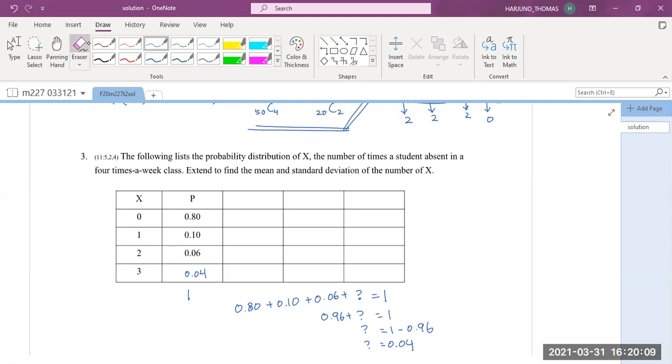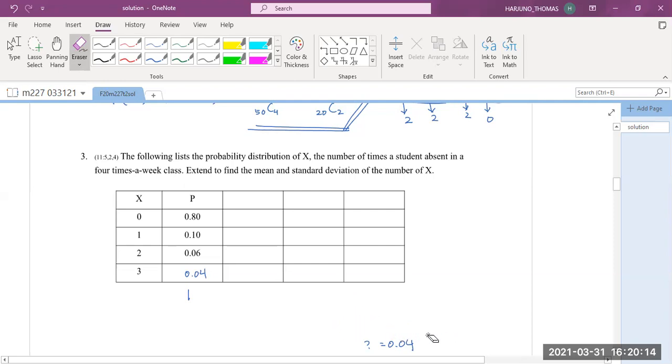Let me erase this. P times x, and then x squared, and then p times x squared. This is 0, this is 0.10, 0.12, 0.12, when I multiply them.